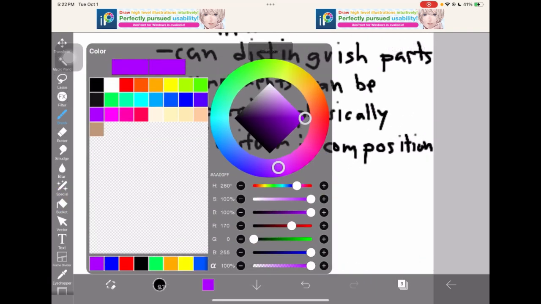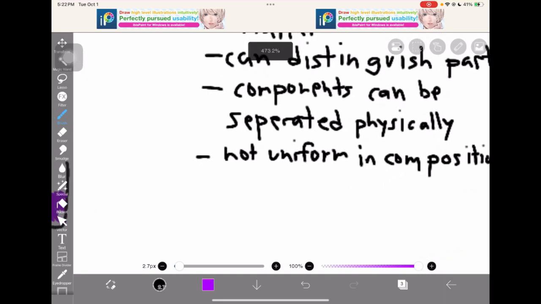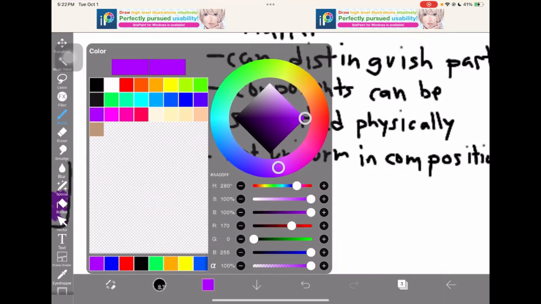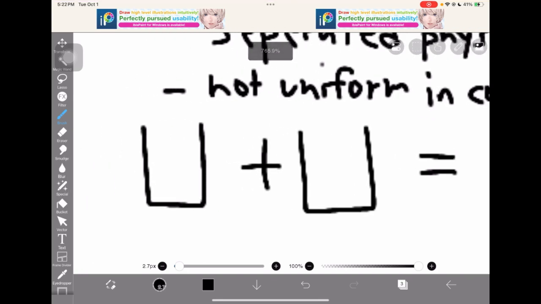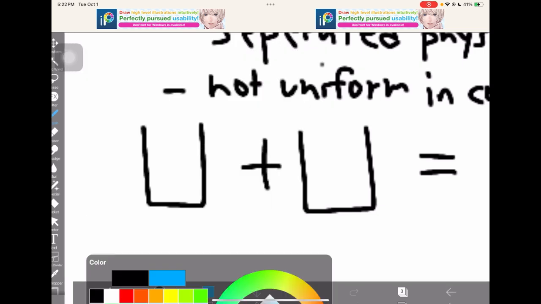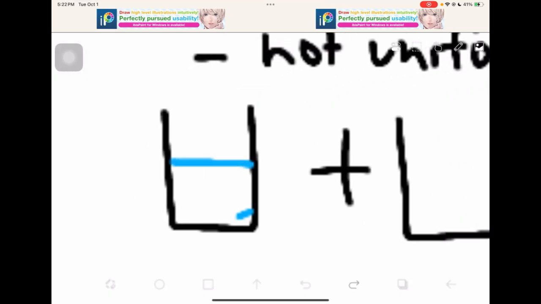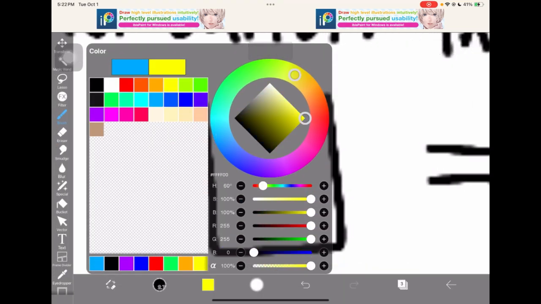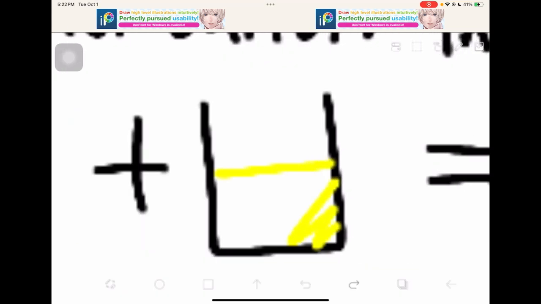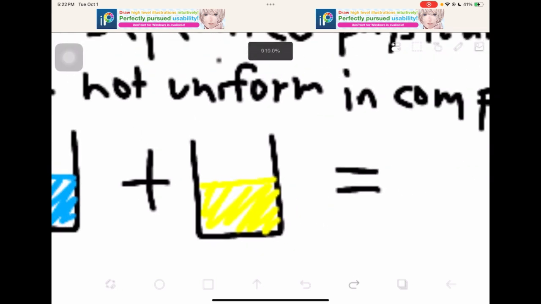However, what if we apply the same logic to a heterogeneous mixture? There are actually two subtypes of heterogeneous mixture, so let's get this out of the way first. Applying the same logic, let's say we have a light blue mixture this time, and a yellow mixture. If we know how to mix colors, we should have a green mixture.